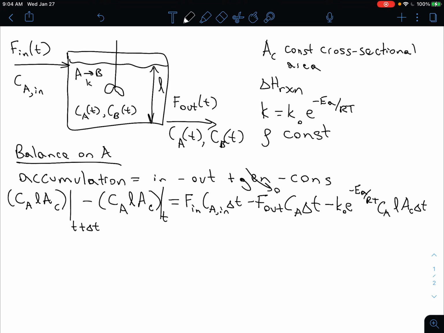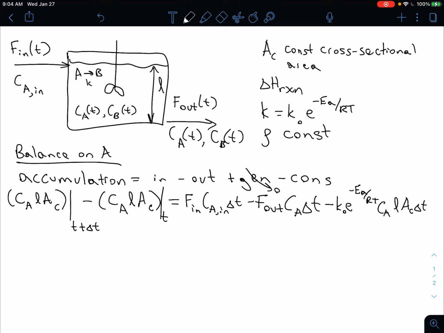So I'm going to factor out A_C because that's a constant. L is not a constant. You've got to be careful about that because in general, if F in and F out are not the same, the fluid level in the tank can go up and down. So L is time dependent, so is CA, but A_C is not. We assume A_C is a constant.